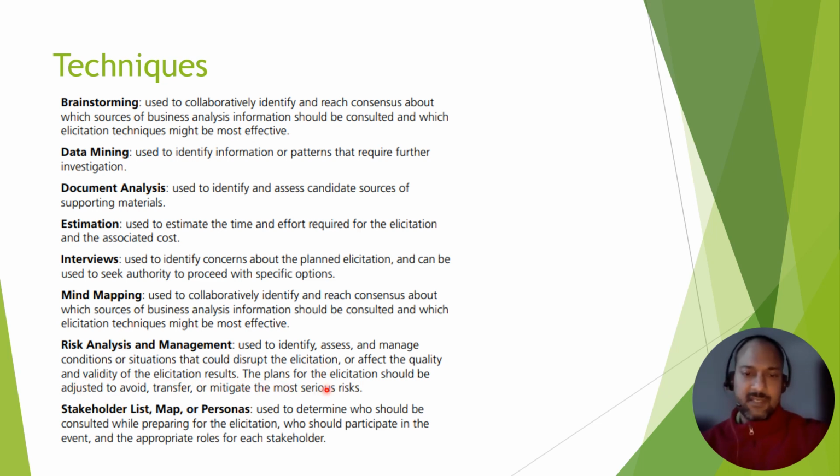The plans for the elicitation should be adjusted to avoid, transfer or mitigate the most serious risk. Stakeholder list, map, or personas used to determine who should be consulted while preparing for the elicitation, who should participate in the event, and appropriate roles for each stakeholder.